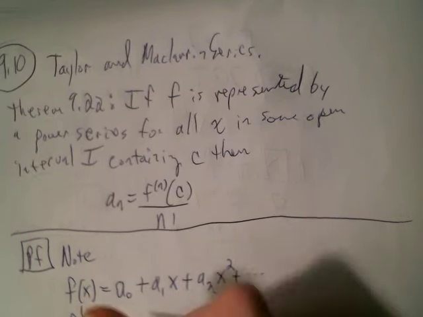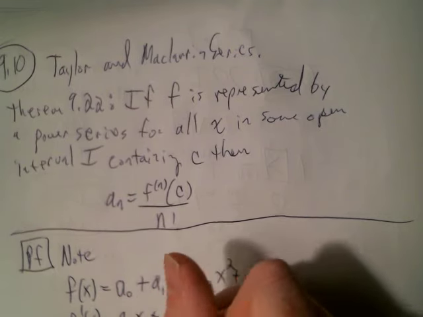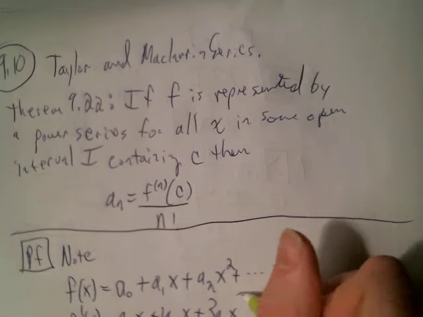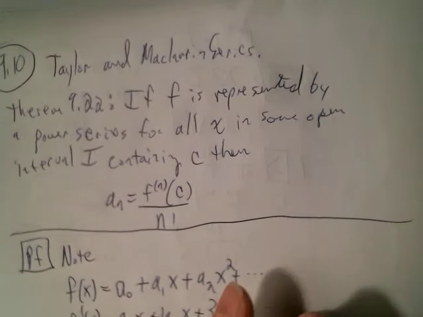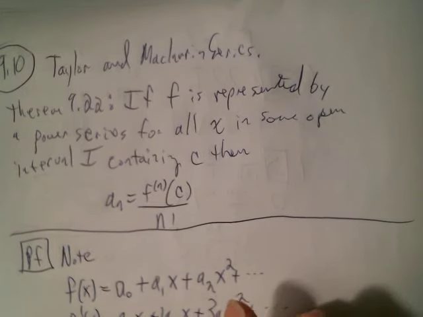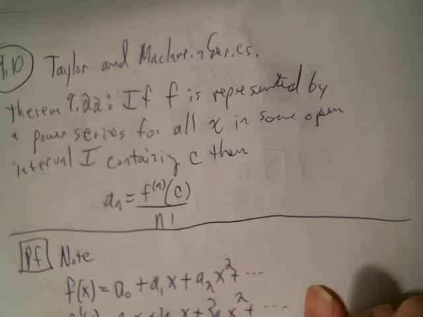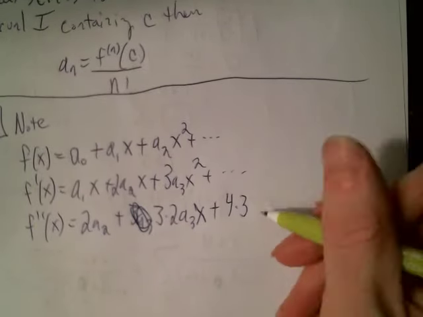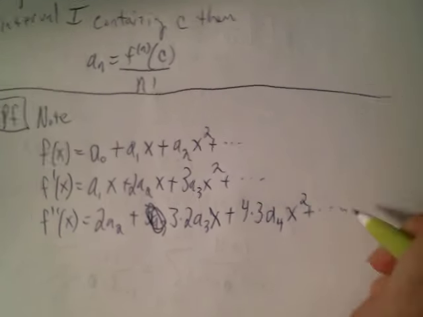Okay, so anyways, taking derivatives, I get a1 plus 2a2 x plus 3a3 x squared plus dot dot dot. The second derivative f double prime of x is 2a sub 2 plus 3 times 2 a sub 3 x plus 4 times 3 a sub 4 x squared plus dot dot dot.